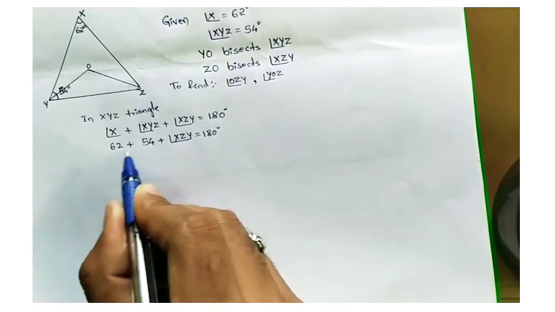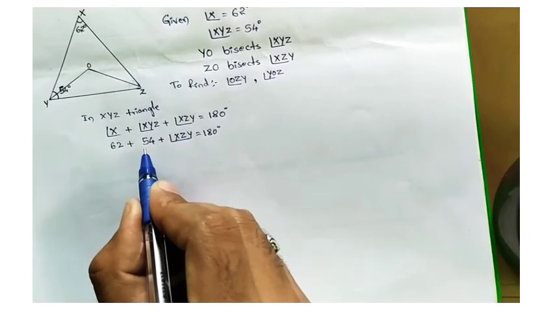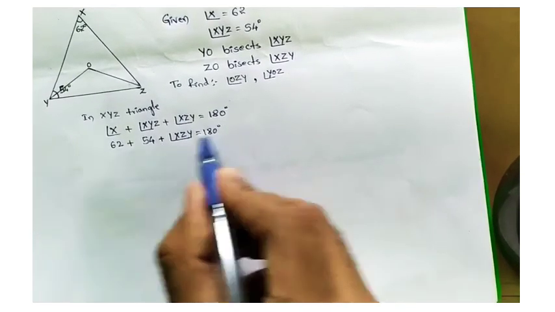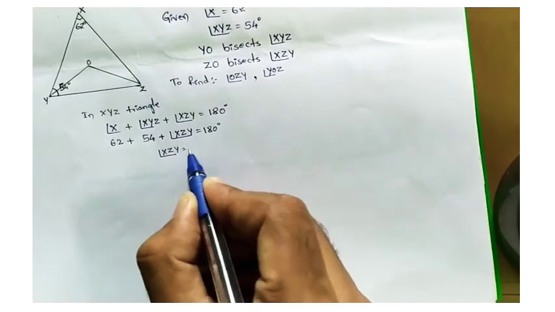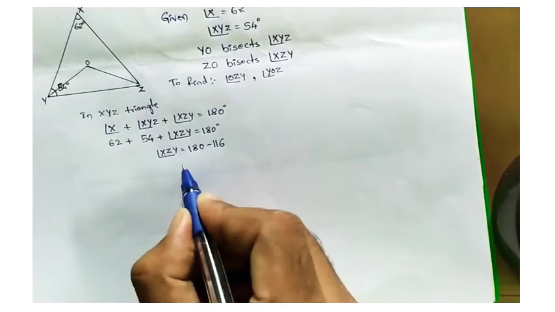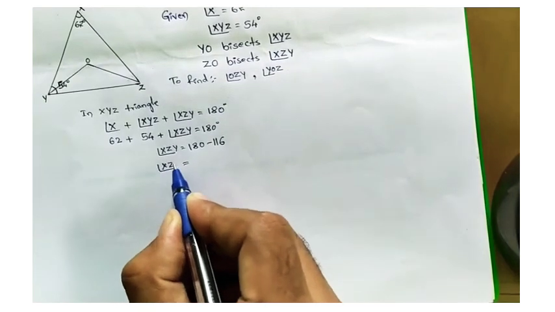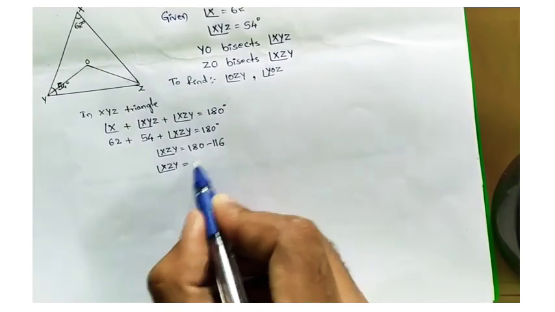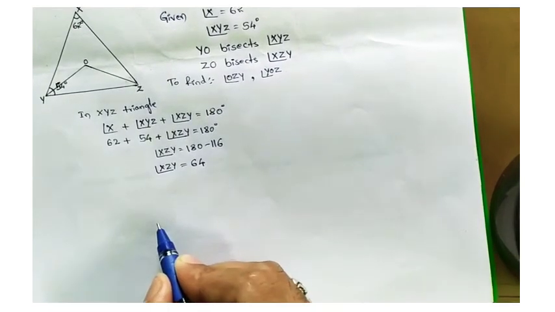If you add these two, you will get 116. Take to the left side. XZY equal to 180 minus 116. If you subtract, you will get XZY, that is how much? 64 degrees.